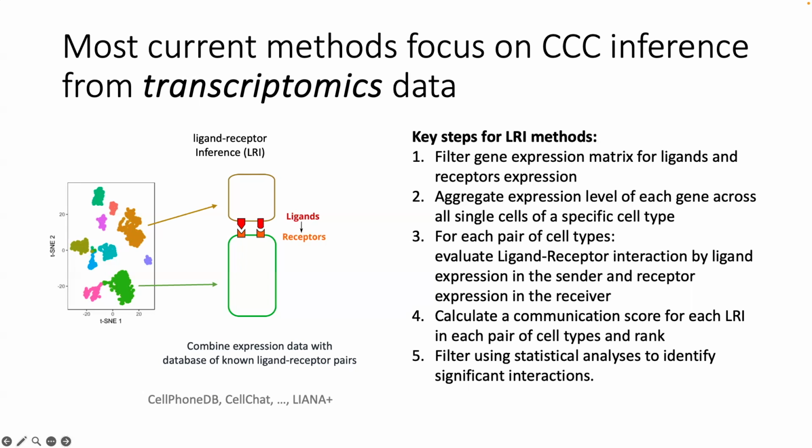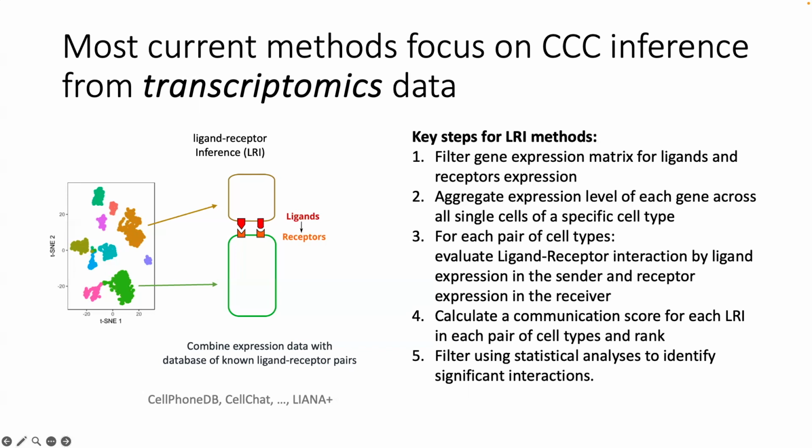Of course, you can do more fancy things like take into account cell type specificity of some ligands and some receptors. So these are basically all additional filtering steps that you can do. And many algorithms do this in many different ways and therefore also give a lot of different results, right? So if you run two cell-cell communication algorithms on the same data set, you actually get hugely differing results.